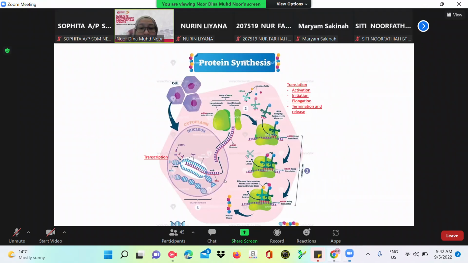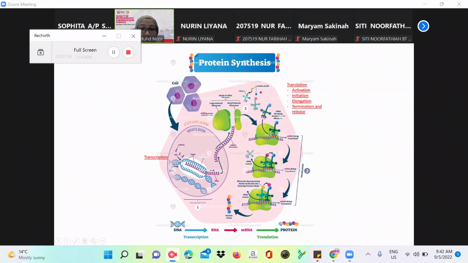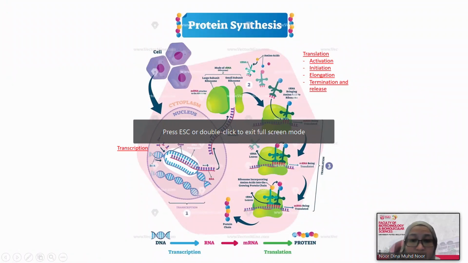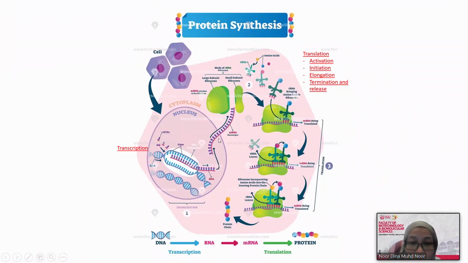And then it will go through the nuclear pore as the mRNA, or messenger RNA, which brings all the information that's already decoded from the DNA sequence. All right. And from here, this mRNA will go through the process of translation.